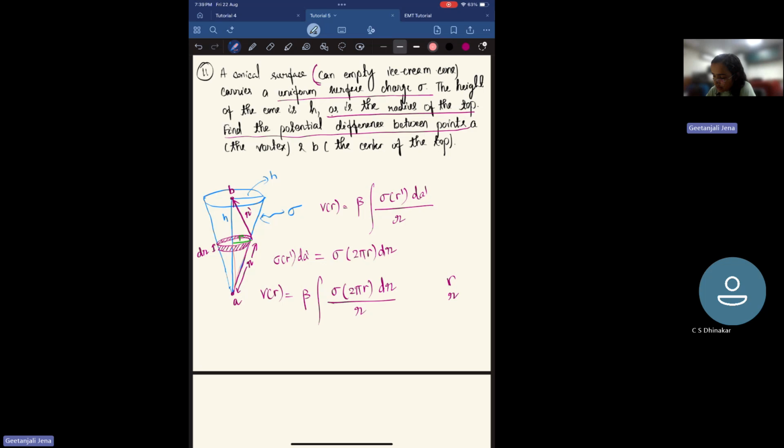You can see this triangle, or you can also see the bigger triangle. You can see the radius of the top is h, and also this length element is h. So that means this angle will be 45 degrees, right? This is 45 degrees. And for the smaller triangle, you can easily relate small r and capital R.